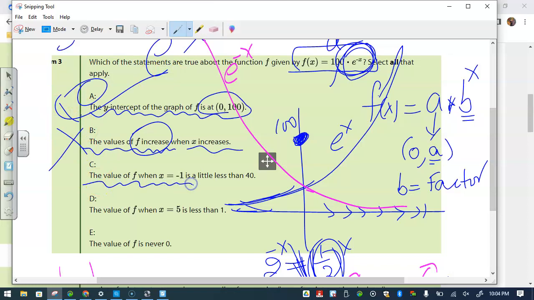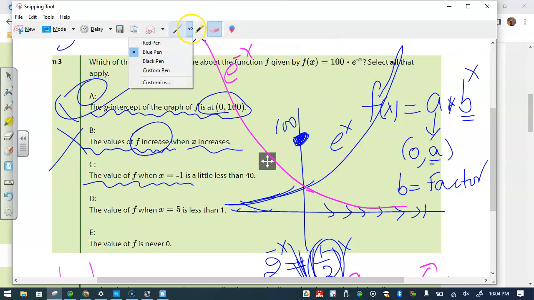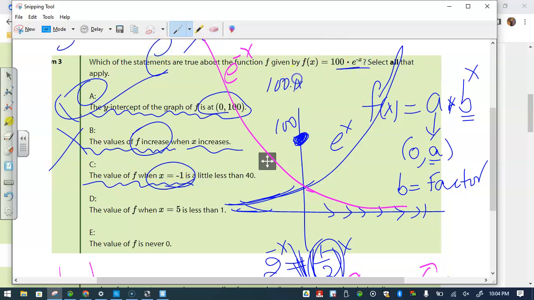What about when x is minus 1 being a little less than 40? For this, we'll have to plug it in and see what's happening on your Desmos. So you substitute x is minus 1 right here. So it's like 100 times e raised to 1, right?